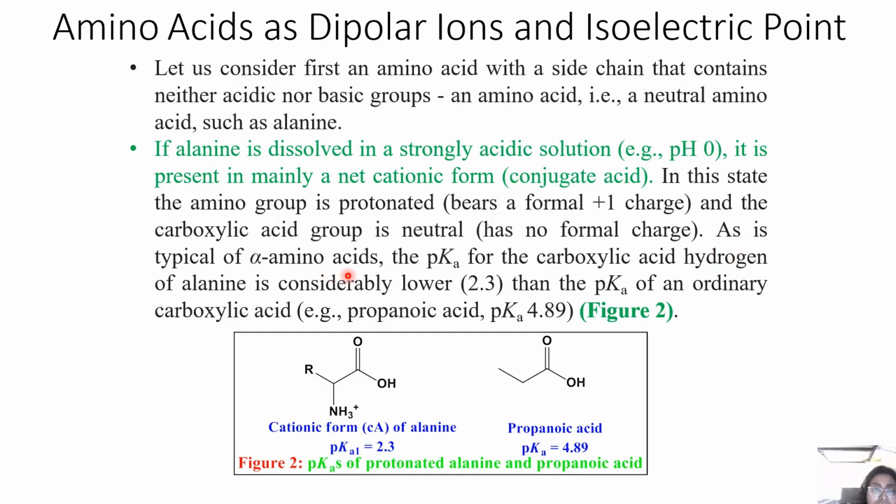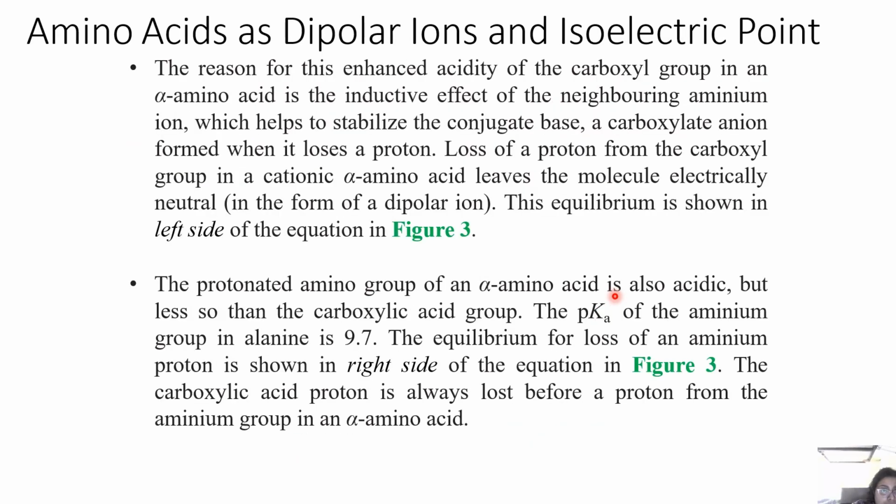As is typical of alpha amino acids, the pKa for the carboxylic acid hydrogen of alanine is considerably lower than the pKa of an ordinary carboxylic acid, like propanoic acid. The reason for this enhanced acidity for a carboxyl group in an alpha amino acid is the inductive effect of the neighboring aminium ion, which helps to stabilize the conjugate base, a carboxylate anion formed when it loses a proton.